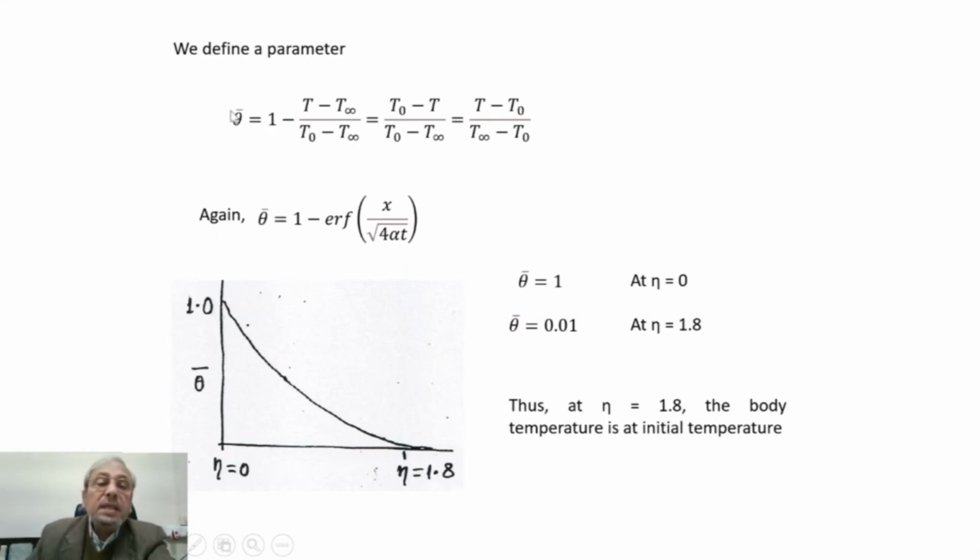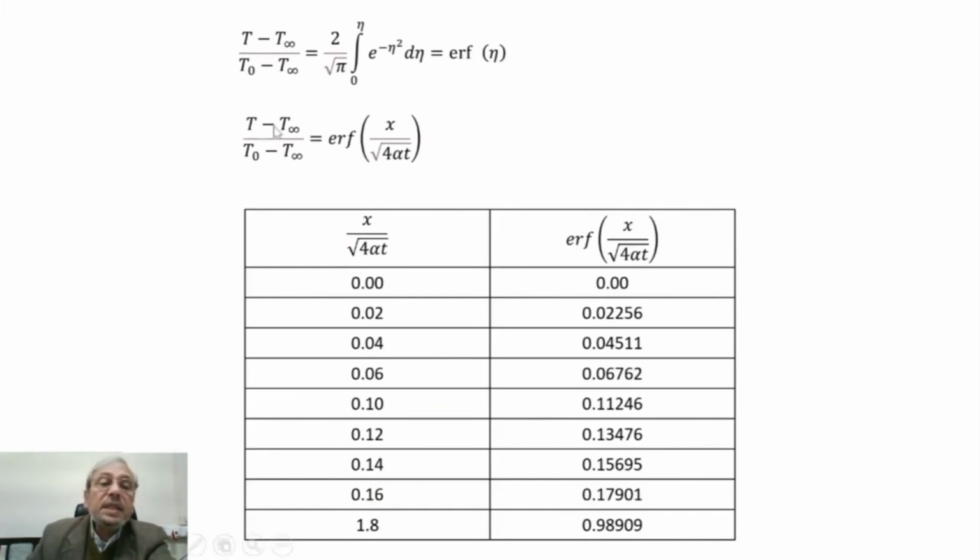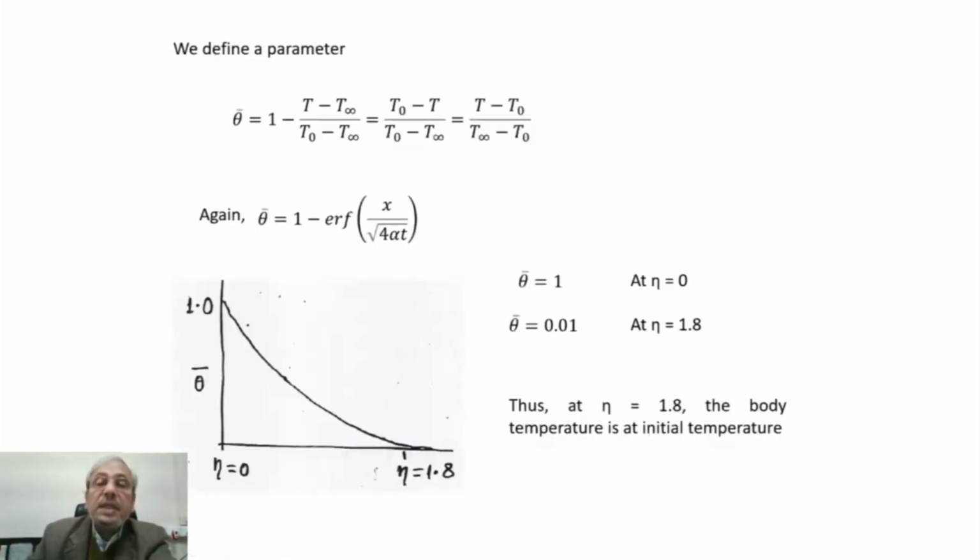And this is theta bar, which is also nothing but we have subtracted this quantity, T minus T infinity divided by T0 minus T infinity, from 1, to get T minus T0 divided by T infinity minus T0. That means we have subtracted the error function with argument x by root over 4 alpha t from 1.